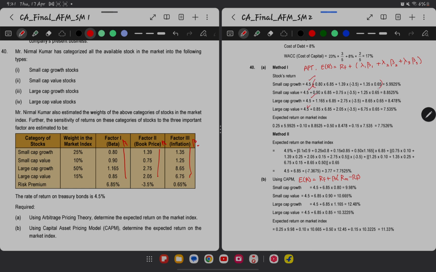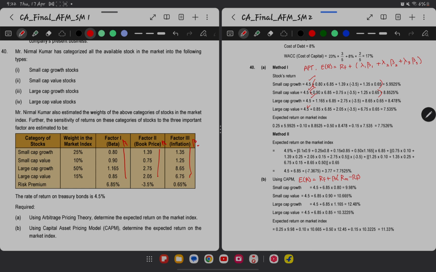Then the risk premium we will get by the betas. As I told, all of these are the betas multiplied by the risk premium, which will give us the expected return.